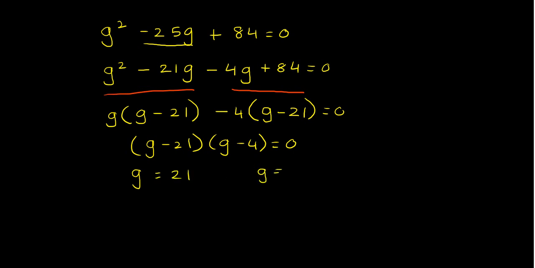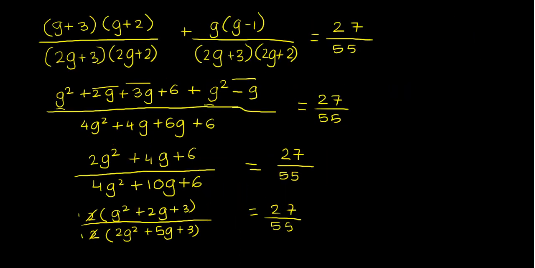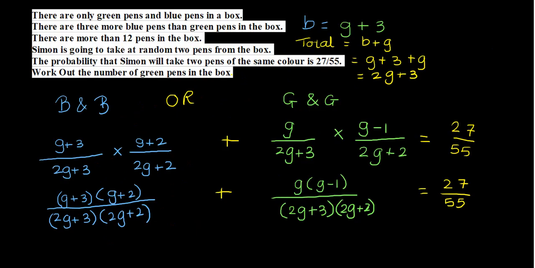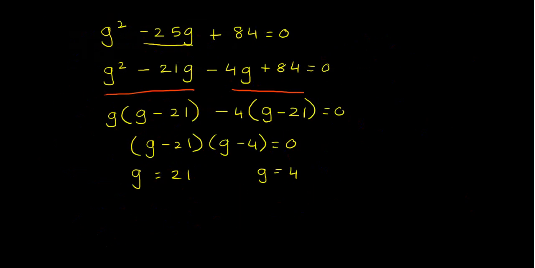Now, if I remember, at the start of the question, we knew b is equal to g plus 3. So we go back to the last page and we write b equals g plus 3. So 21 plus 3 is 24, and 4 plus 3 is 7.